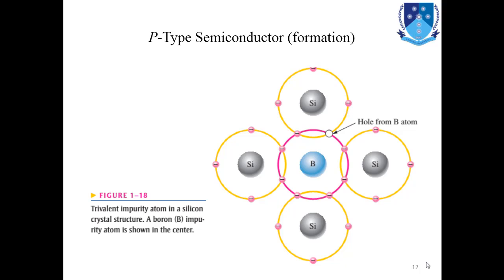But for the fourth silicon atom, the boron atom has no extra valence electron which it can share through covalent bonding. As a result, a deficiency of electron occurs, and that deficiency of electron is known as a hole due to the boron atom.